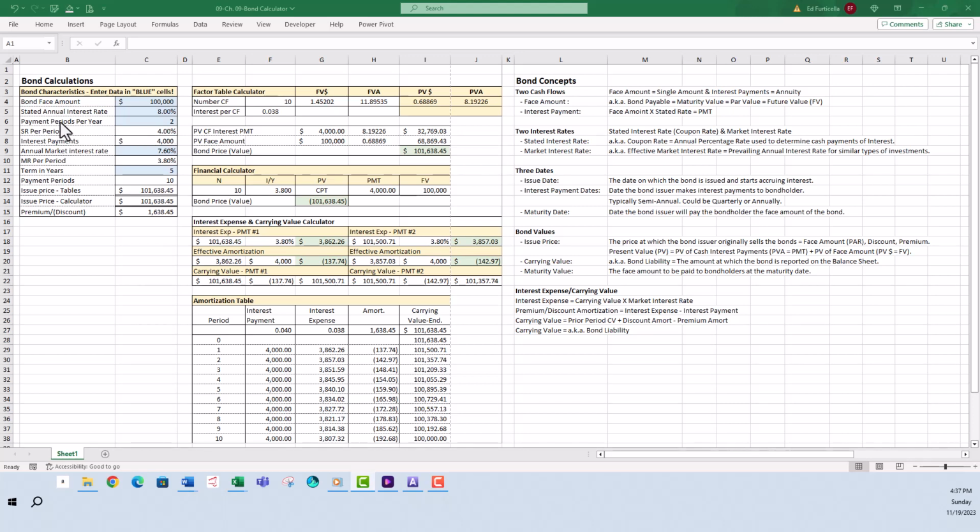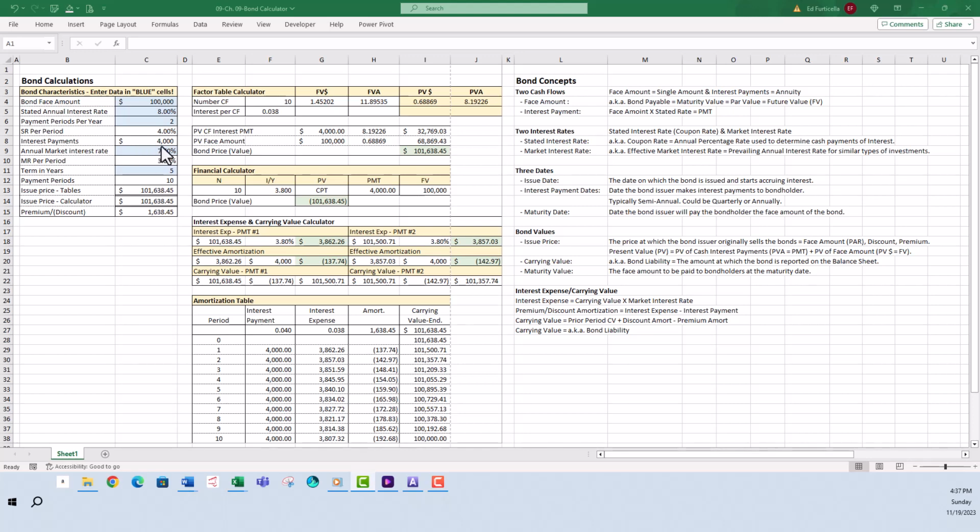The stated rate on the bond payment per period then would be 4%. If it's 8% annually and it's a semi-annual bond, then the stated rate per period has to be 4%, or 8% divided by the two periods. The cash interest payments that are going to bondholders would be $4,000 every 6 months.